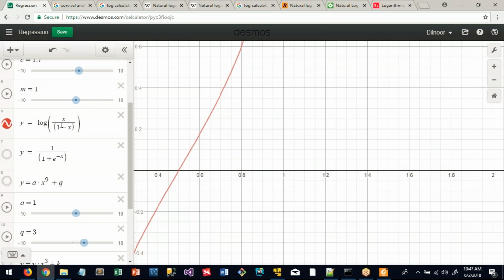It can only be very close to this, but not exactly equal, because 1 divided by 0 is infinity, and log of infinity doesn't exist. So a probability of getting a certain disease of exactly 100% doesn't really exist in logistic regression.